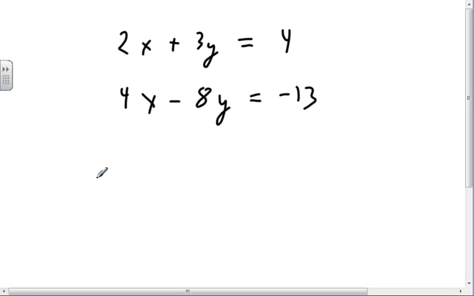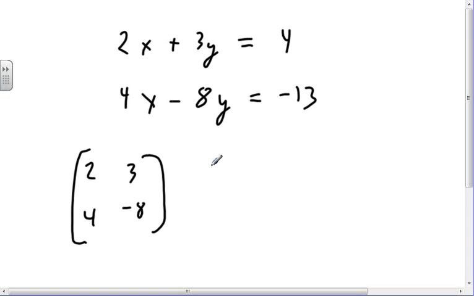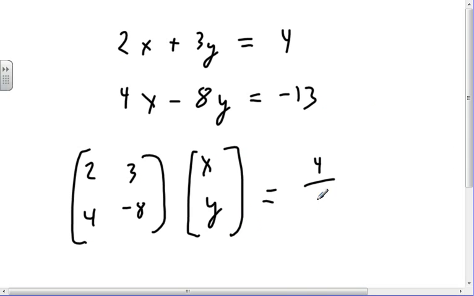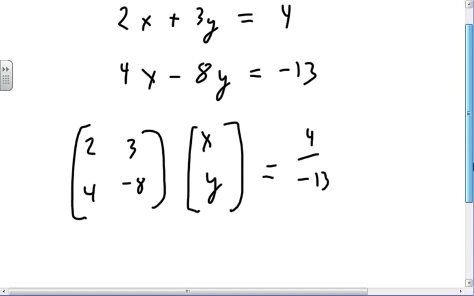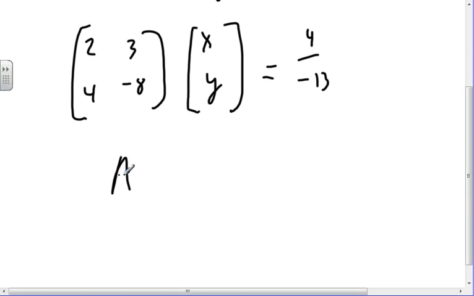I can write this as the matrix 2, 3, 4, minus 8 times the matrix xy is equal to 4, minus 13. So I could write these two equations, two unknowns, like that. And in general, I could say that that's AX is equal to C.